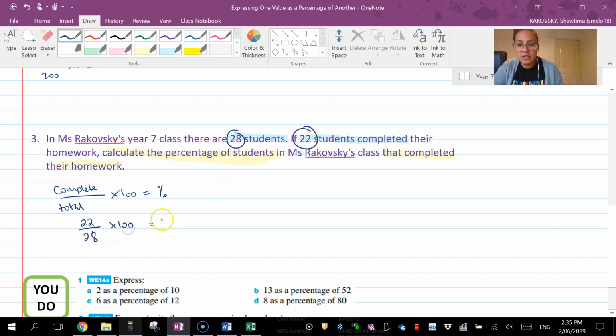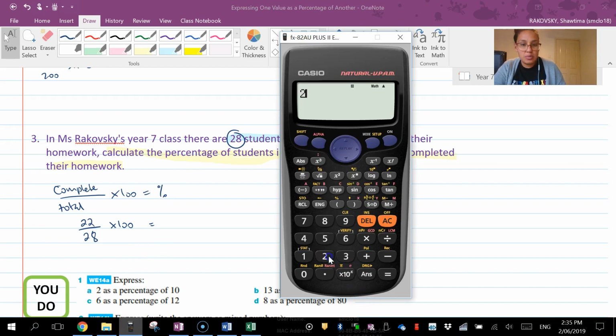Times 100 gives me the percentage. Let's have a look, 22 divided by 28 equals, oh, okay, some tricky number, 0.785714, all right, that's going to give us 0.78. I'm going to multiply by 100, 1, 2 decimal places to the right, because that's our shortcut, and that's 78.5.